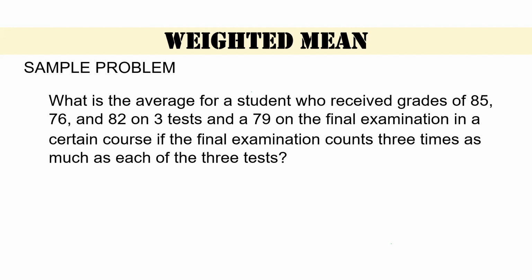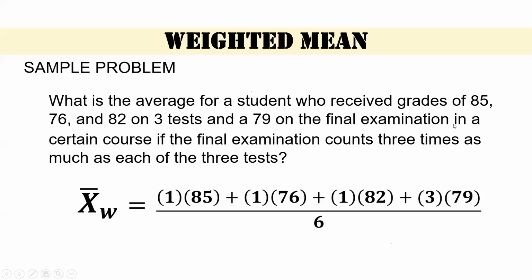It's 3 units, right? So, meaning to say, we will multiply each of 85, 76, and 82 by 1 unit only. So 1 times 85 plus 1 times 76 plus 1 times 82. However, you might be wondering, how come we multiplied the final exam, which is 79, by 3?